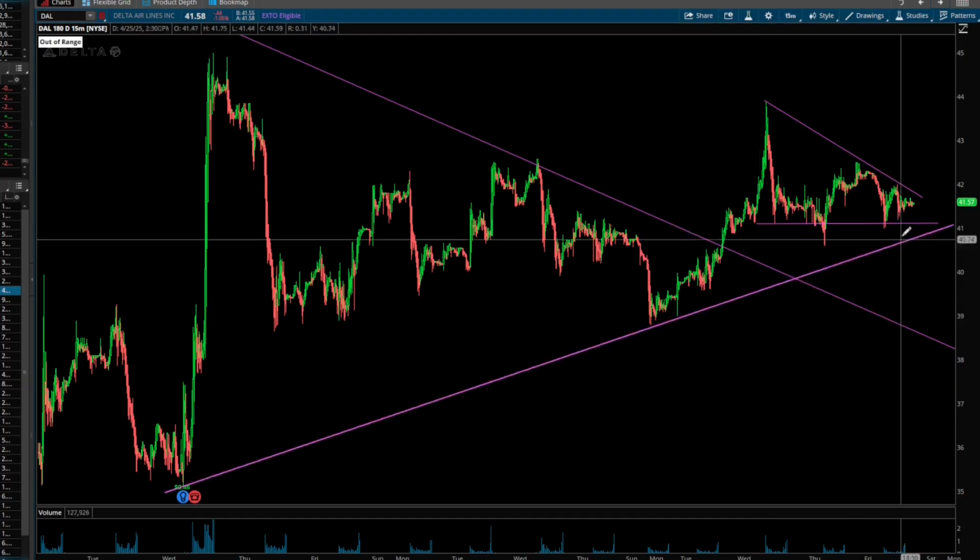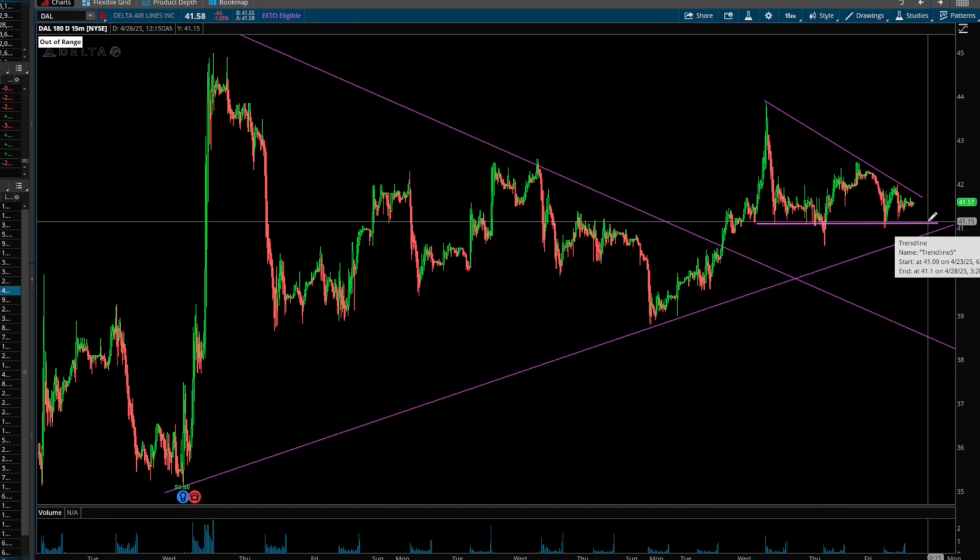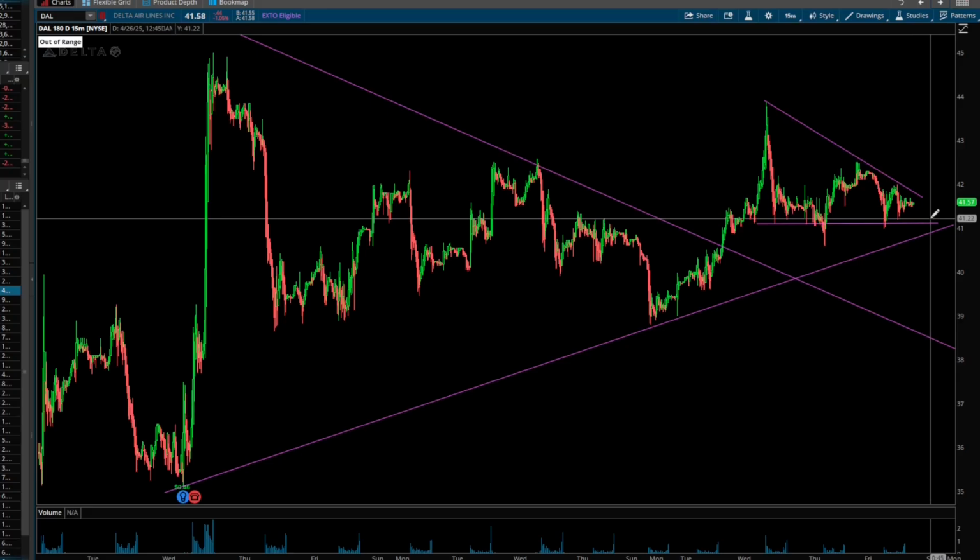So let's say this is Monday morning and I want to get long. The first obvious area to me would be this horizontal level near 41.17. I'll round that off to make the math easy and say 41.20. If I'm starting off the trade and put a fantasy order there, in my head I'm thinking, how much of my 1R do I want to use on a fantasy order?